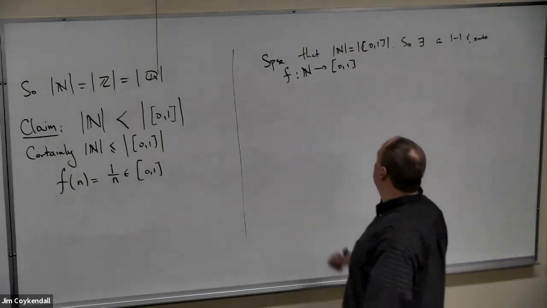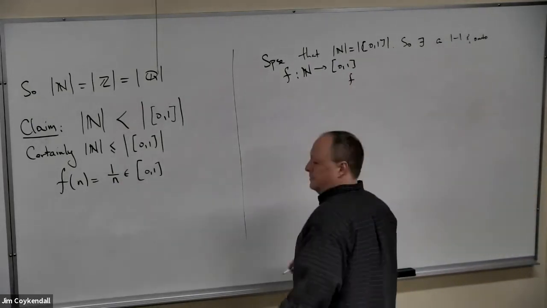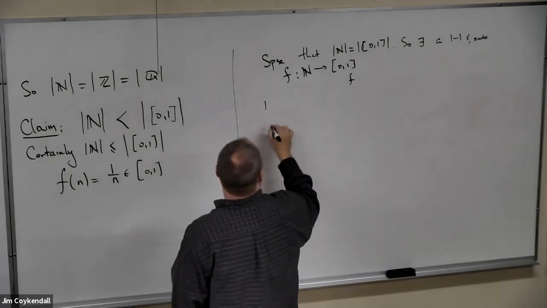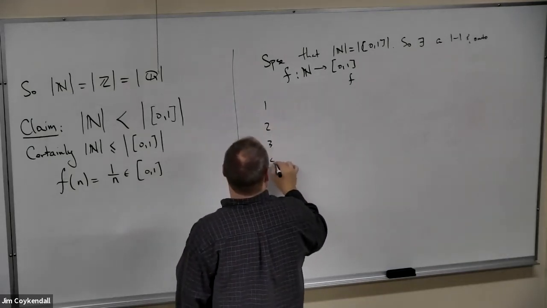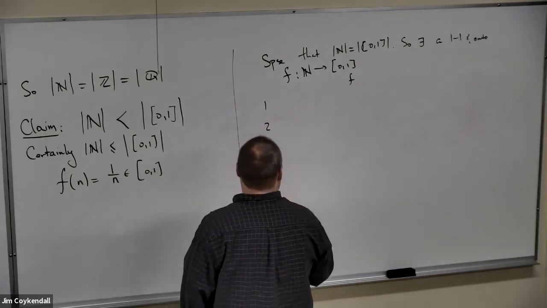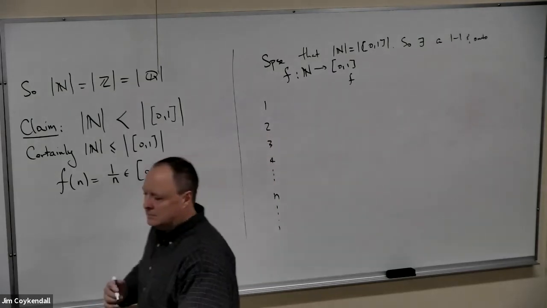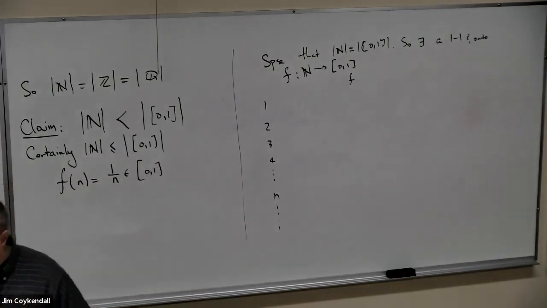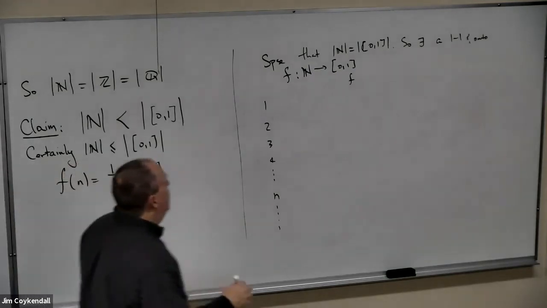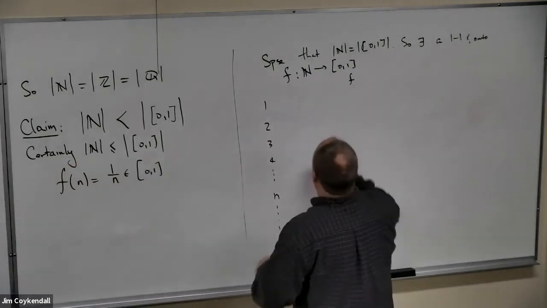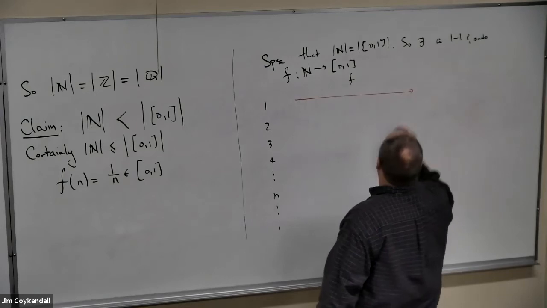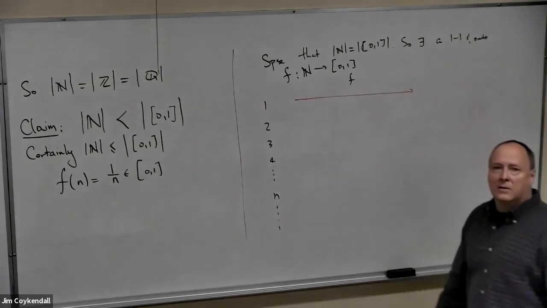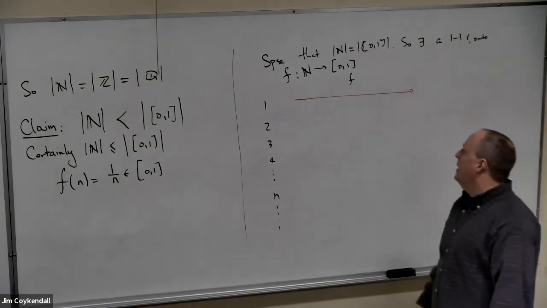I'm going to make a chart of what f does. Here are my natural numbers: 1, 2, 3, 4, n, and this goes on forever. Each one of these should correspond to some number in the interval between 0 and 1.